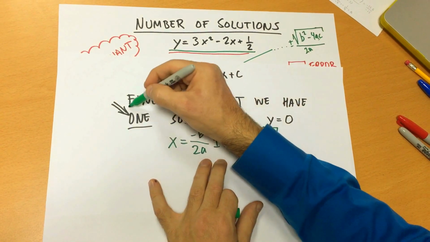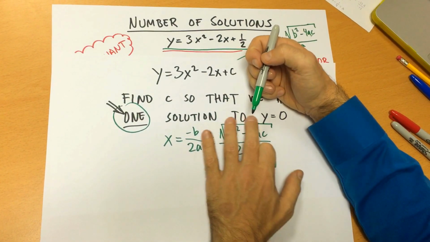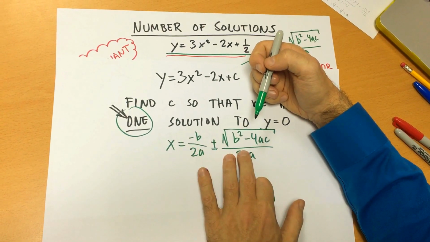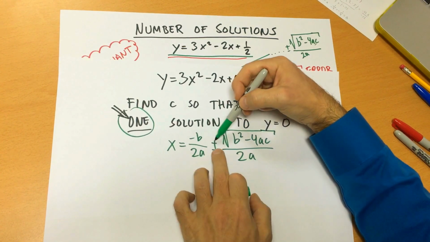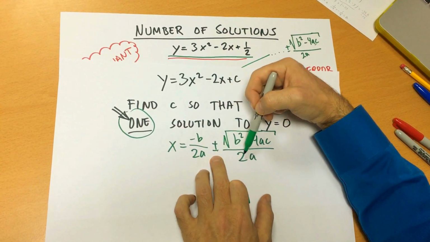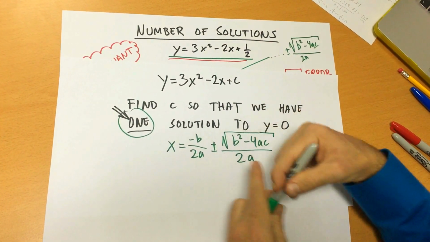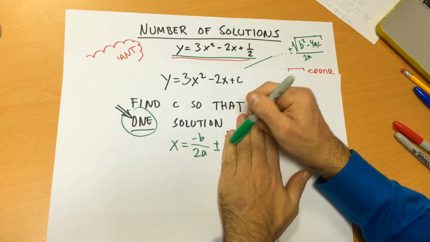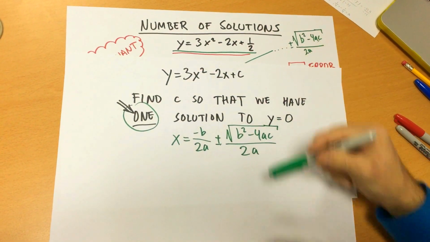If I only have one solution, it means that my plus and minus something is going to have to be 0. If this is not 0, I have a number plus something and minus something, and I get two different answers. But I only want one answer, so it's going to have to be 0, so that this plus and minus gives no contribution. That's the only way that I have one solution.